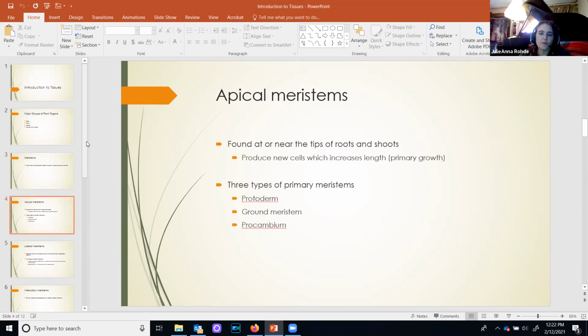So a tree will have something called an apical meristem, and the root will too, on the branches and the roots. These are found at or near the tips of roots and shoots, and they produce new cells, which increases length and primary growth. And in trees, you usually have one apical meristem that's considered a primary meristem, and that's where the most growth is going to occur.